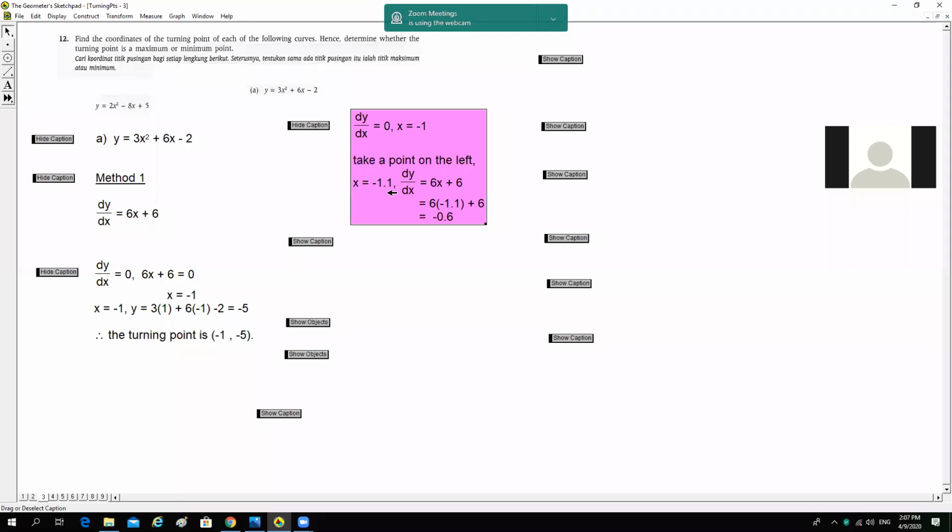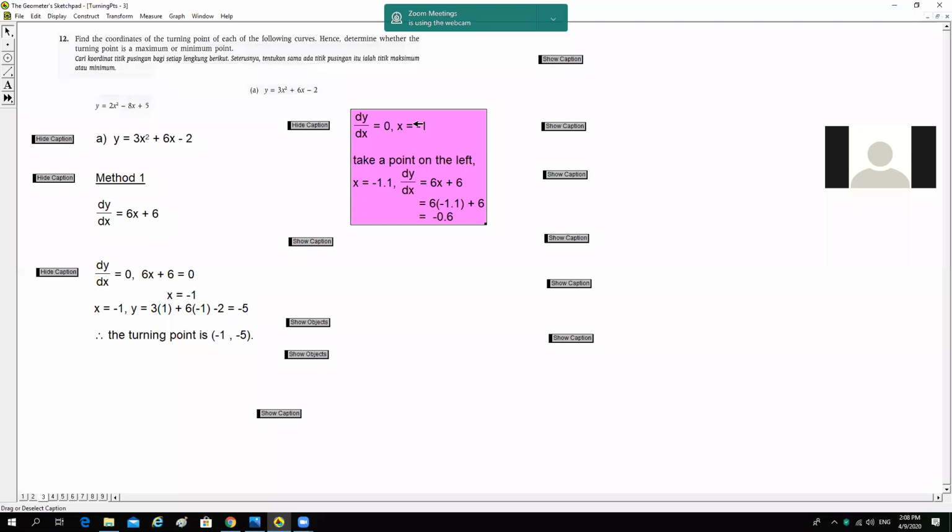Can I take −1.2? Can, as long as the number is on the left of the turning point, smaller than your turning point. But don't take too far away. Take quite near to it, about a difference of 0.1. The reason is if you take very far away, then there might be other turning points in between. So you just take a difference of 0.1 or 0.01 and take that point.